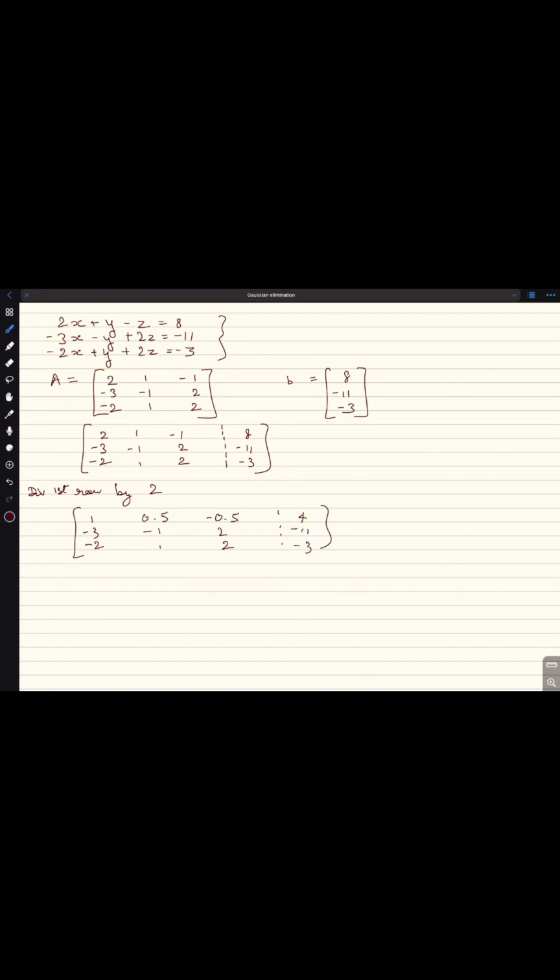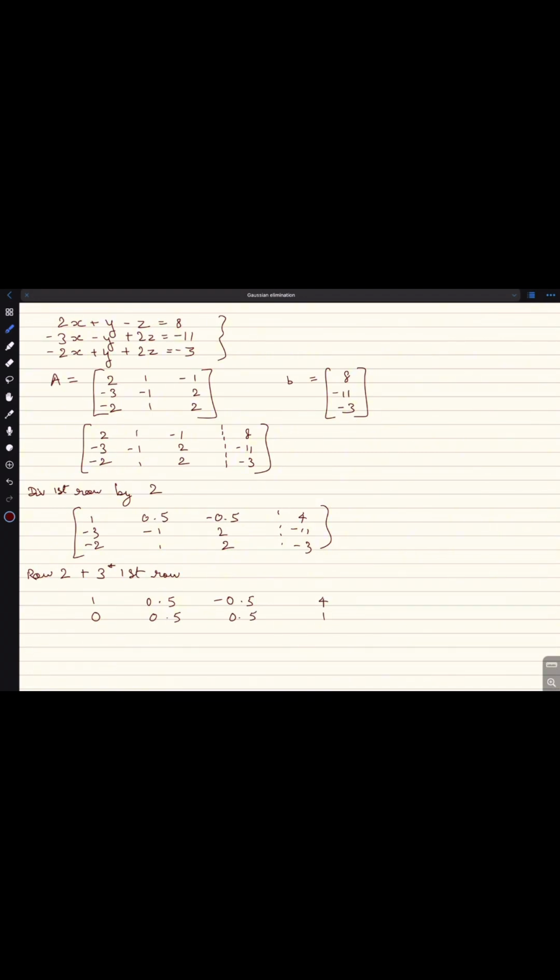Now to create something called a pivot 1, what we do is leave the first row as is, but perform this operation where row 2 plus 3 multiplied by the first row. So if the first row remains as is, the second row now becomes 0, 0.5, 0.5, and 1.